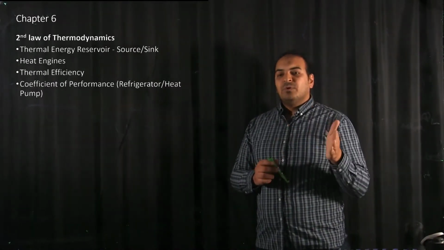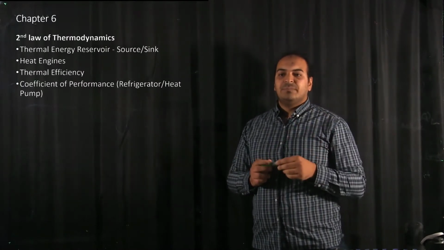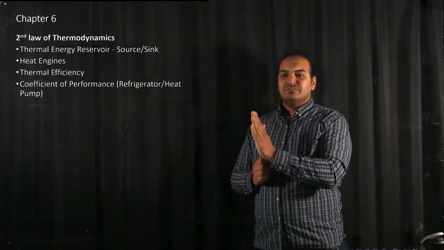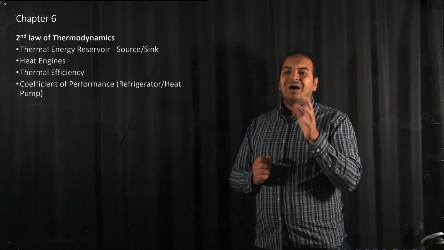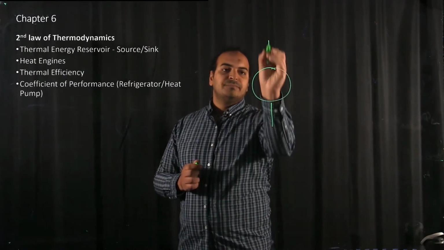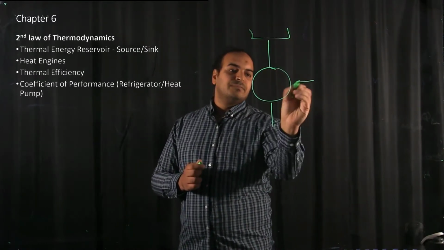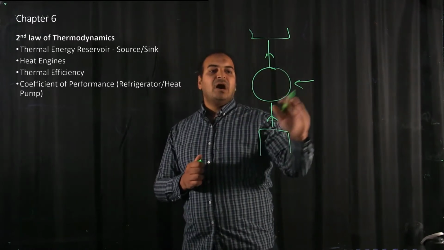We have other devices like the refrigerator and heat pump. So we have three devices. The heat engine, we talked about, needs work. Refrigerator and heat pump are opposite to this. As you can see, the arrows are reversed.